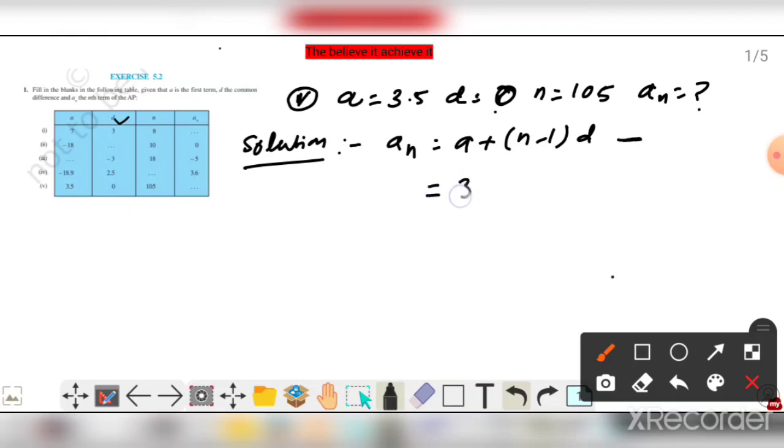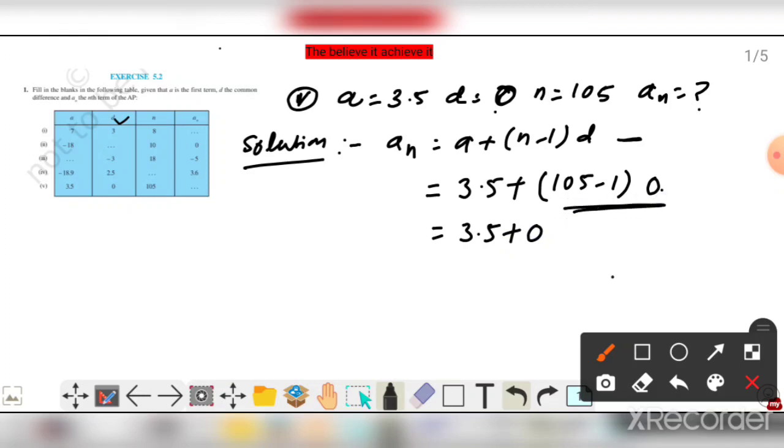A is given 3.5 plus n is given 105 minus 1, and d is given 0. So it will be 3.5 plus 0. This will be 0. So that will be 3.5. Understanding? So this was a very easy question.